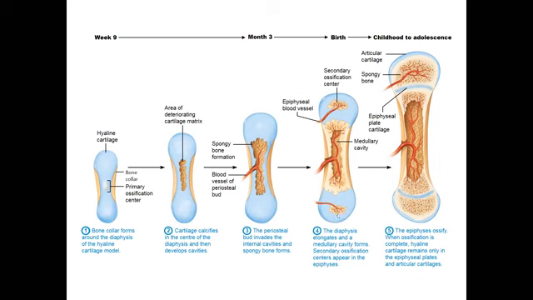Now when we're born, we're basically born with pretty much an ossified diaphysis, but we still have epiphyseal areas that are almost separate. So that's why we have more bones when we're born, because they need to fuse. These epiphyseal areas appear almost like separate bone, and only when they're fused up do we call it one single bone.